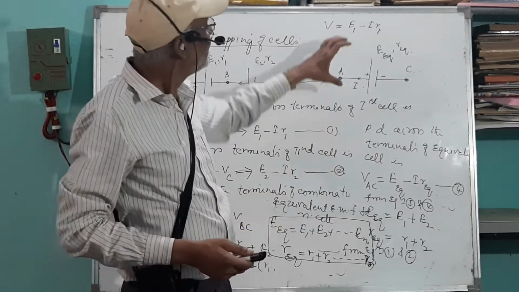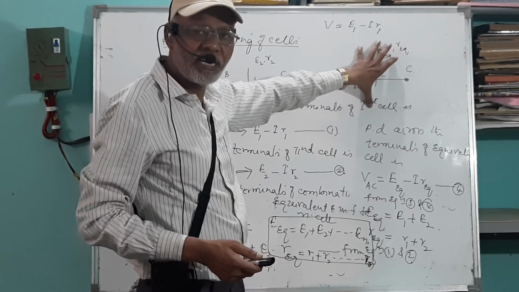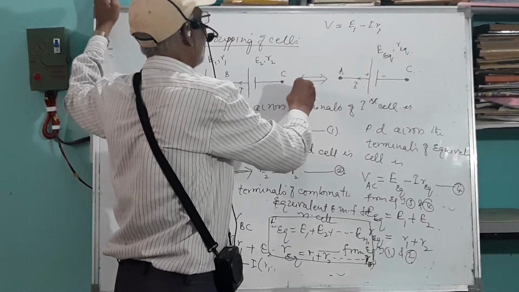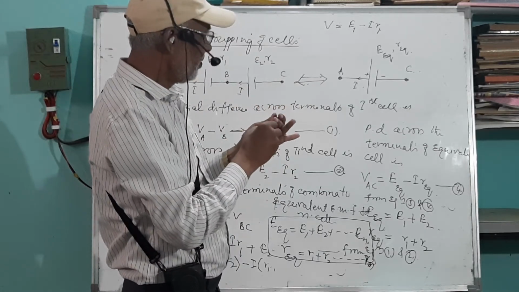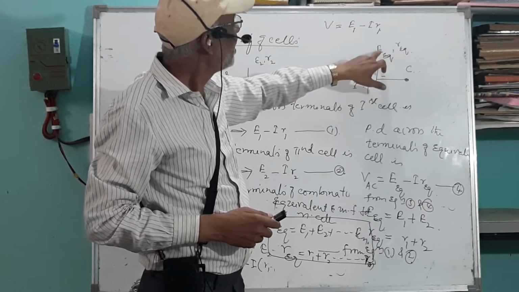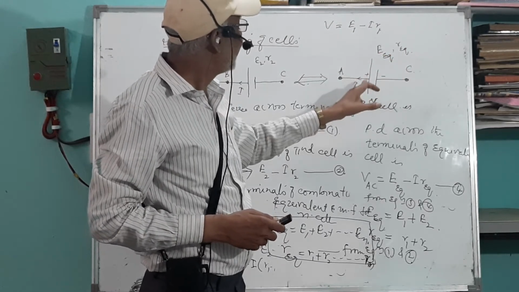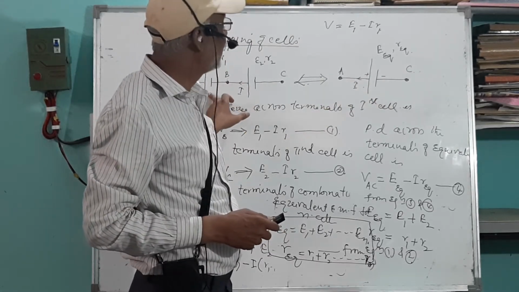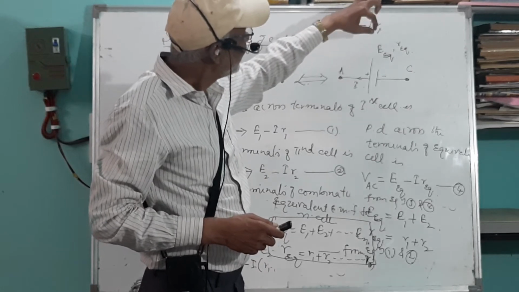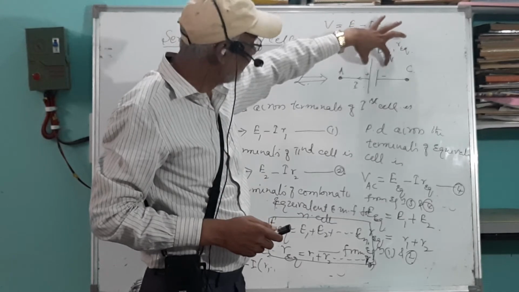Now you have to consider the equivalent EMF circuit. Here we are considering a single cell whose EMF is E equivalent and internal resistance is R equivalent, so it sends the same amount of current. You have to find the potential difference across the terminals of this equivalent cell.